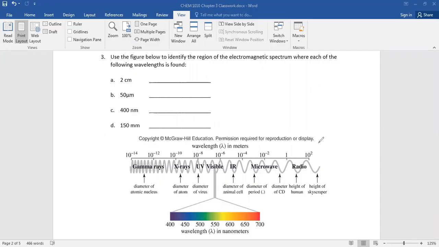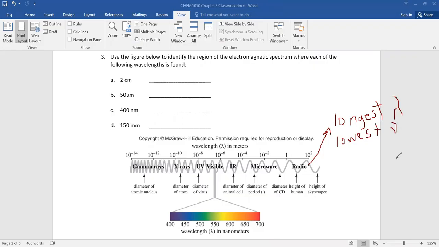And so here you have the longer wavelength. So radio waves have the longest wavelength of all the 7 types of electromagnetic radiation, but have the lowest frequency.